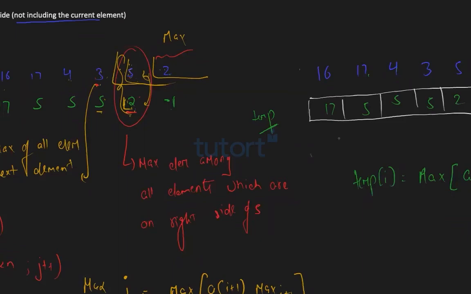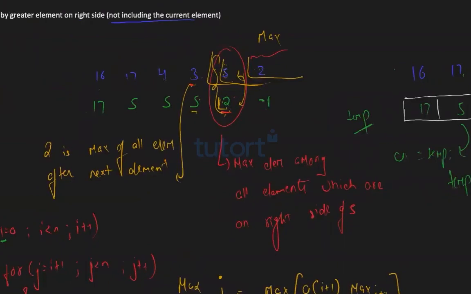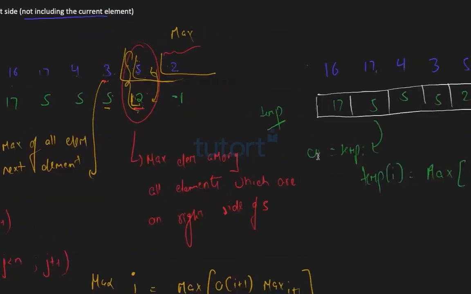When you take the extra array, you need to put it back into the original array. We have to assign it to A, because we want to update the original array only. If you see, I am not returning any array here, so you need to put it back in the original array.